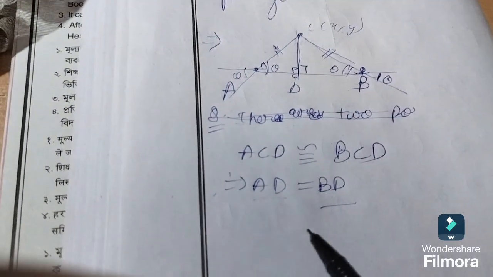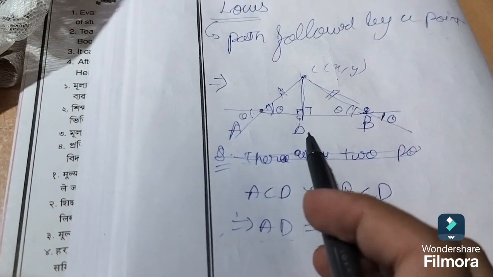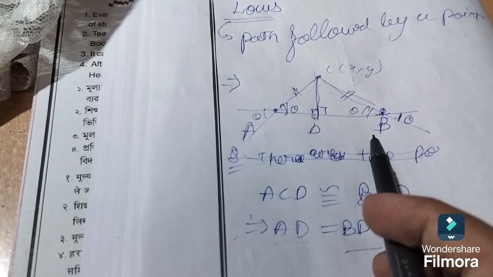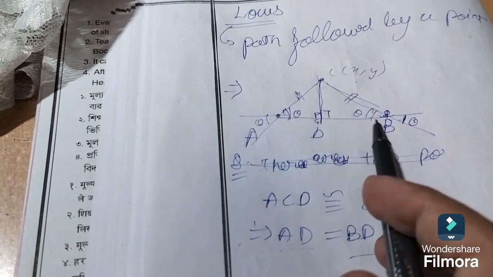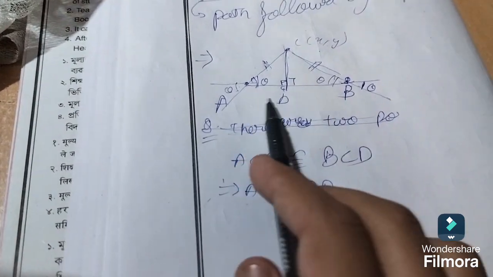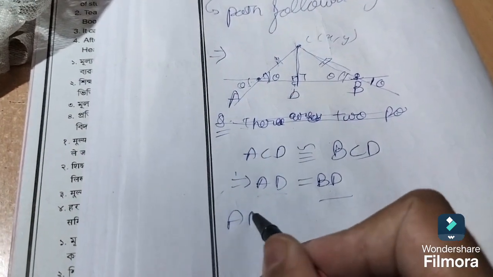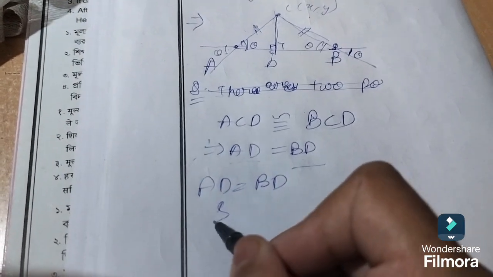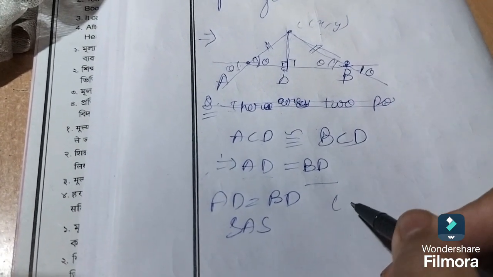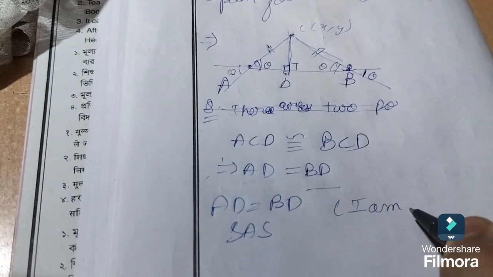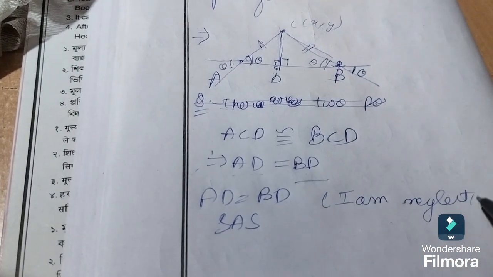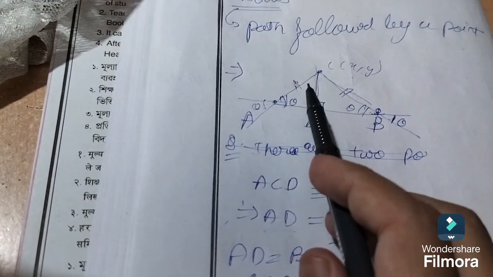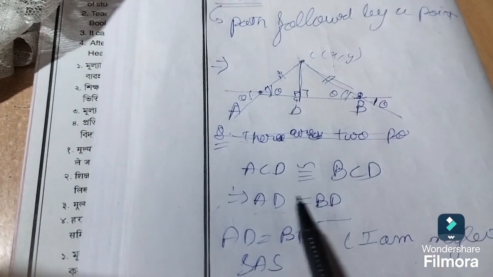Basically I am saying AD is equal to BD. If you accept, then these two angles have to be 90 degrees, because AD is equal to BD will give SAS congruency to both, right? Now I have the result AD is equal to BD, and this will give you SAS congruency. I am saying the property this C will have is AD is equal to BD.